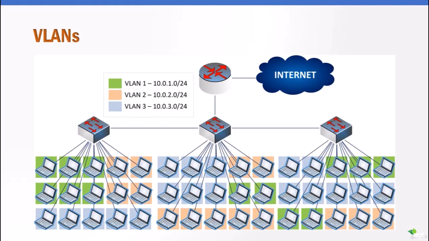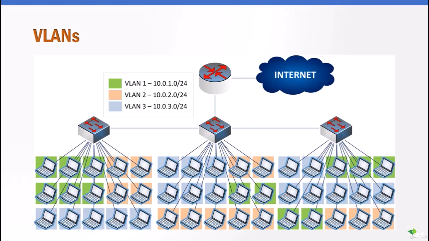I'm going to suggest 2 solutions to this issue, and the issue is a too big network. So we want to segment this network into smaller parts. One way we can do that is using VLANs. VLAN stands for Virtual Local Area Network, and it's used to virtually separate different logical segments of a network.